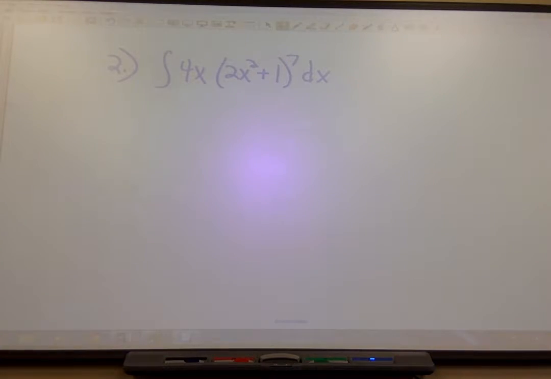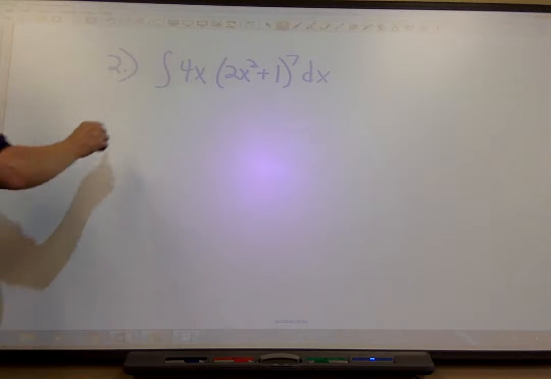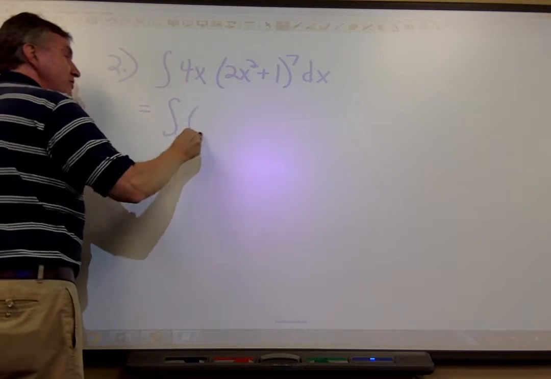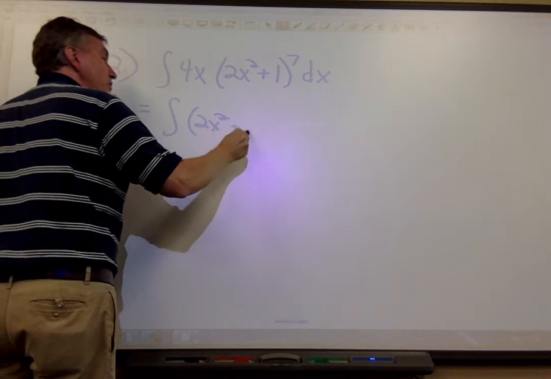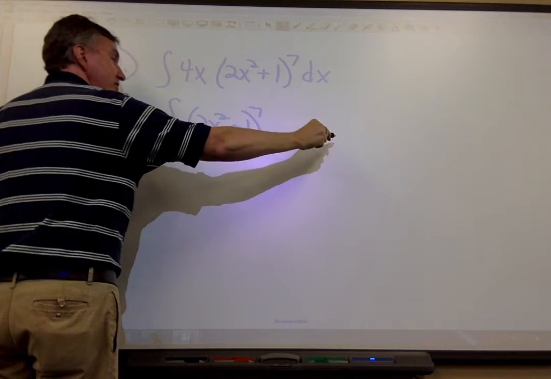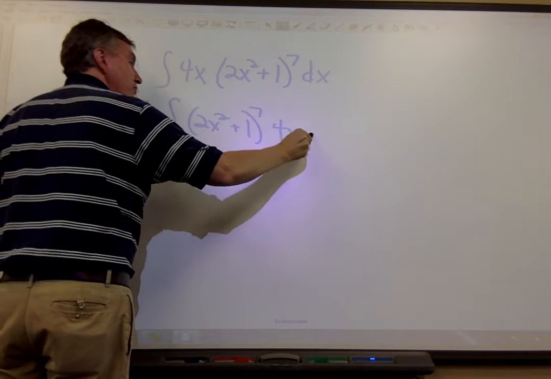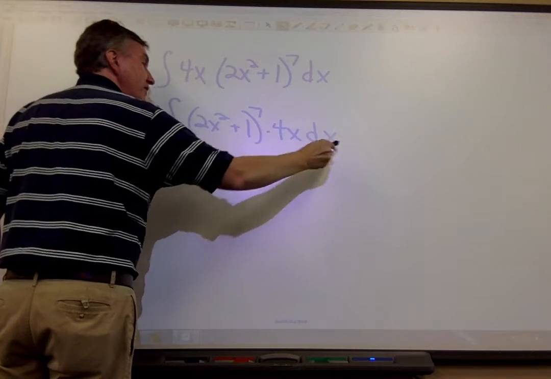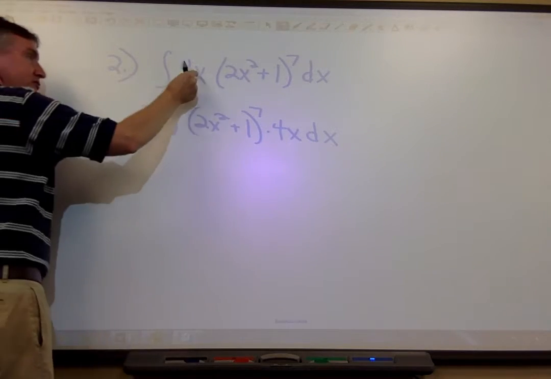Let's rearrange that. Let's put the big function first, the outer, and then put derivative of inner with the dx. So would you agree I could rewrite this as 2x squared plus 1 to the 7th, times 4x dx? I just put this over here.